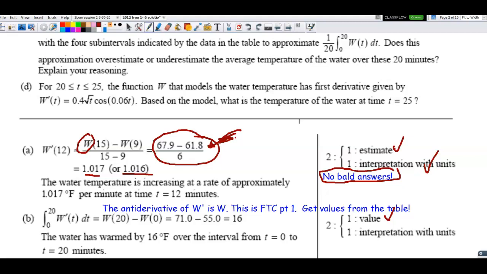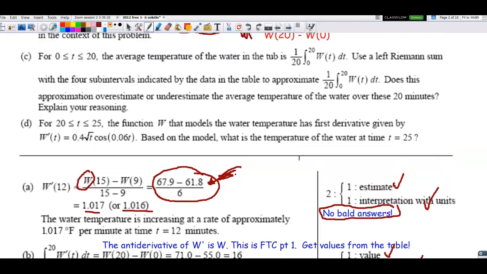Now, you don't have to necessarily report that 16 again. You've already reported it out, so you could say what I said. Notice when I stated my answer, I did not state that it had warmed 16 degrees. So again, I said the definite integral represents the change in the temperature from 0 to 20 minutes measured in degrees Fahrenheit. That sentence would be perfectly fine.